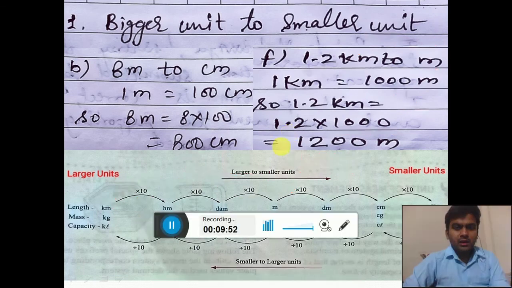So here after 1, 3 zeros are there. So we will move the decimal point in 1.2 by how many places? 3 places. One place. Now after one place no number is given. How to move to the next place? So we will put a 0 here.